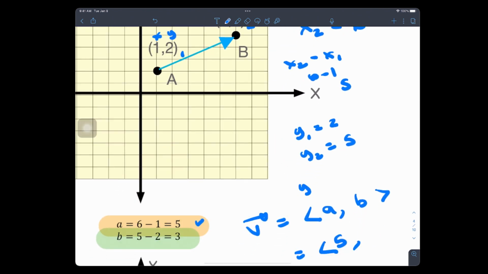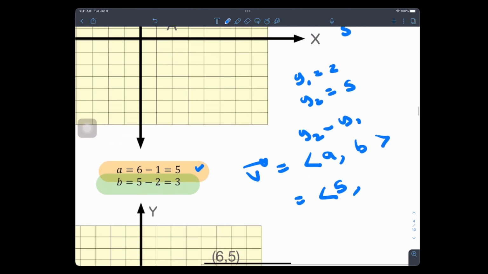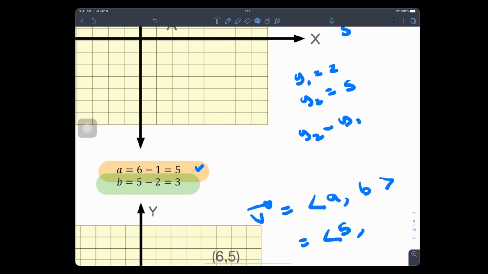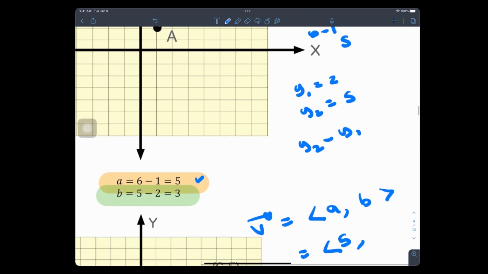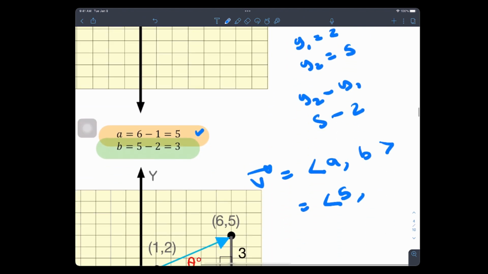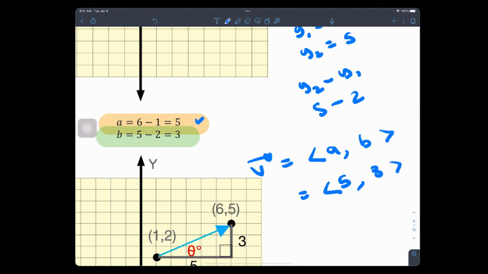So that difference, y2 minus y1, you say, what's that going to be? 5 minus 2. And so this is going to be the value 3. Okay? So what you guys are looking at is what we call the component form of a vector.